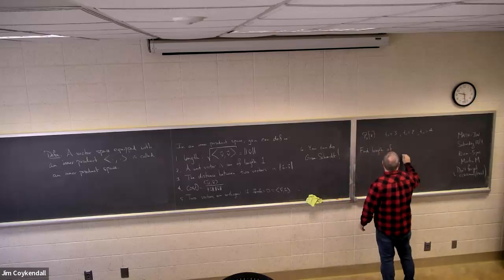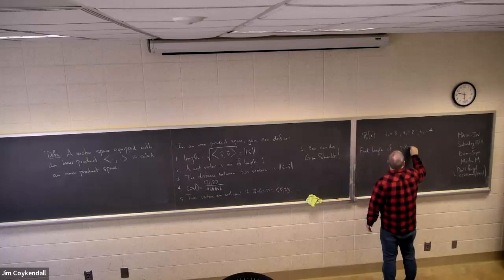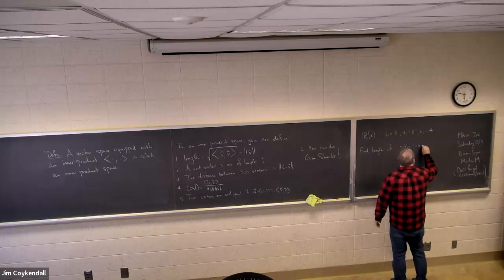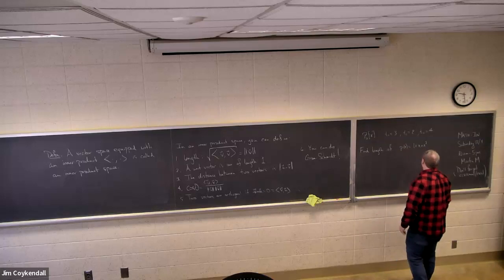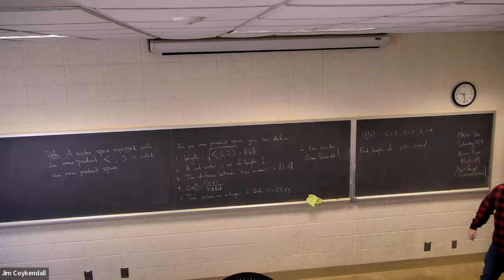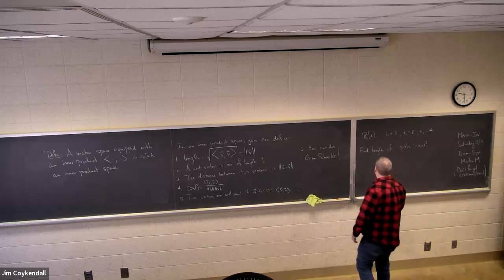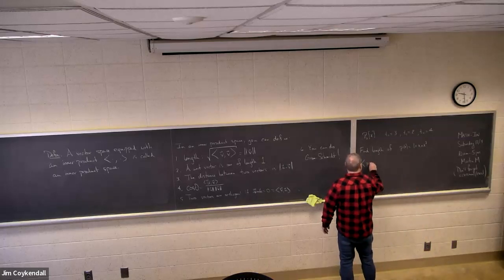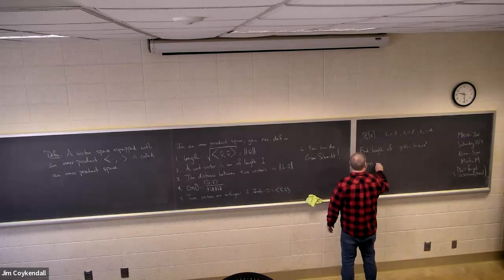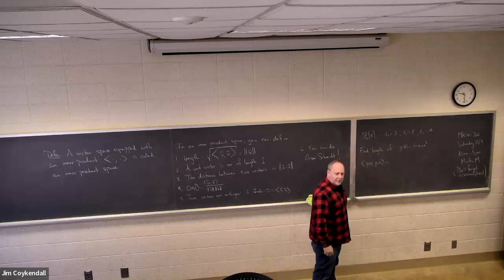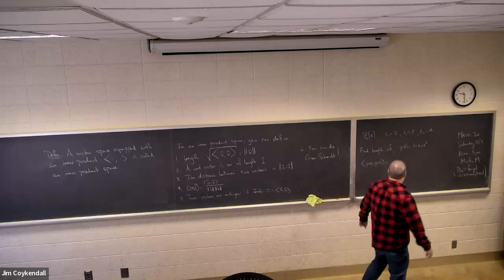Let me make up some polynomial. Let's find the length of the polynomial, right? Length with respect to the inner product. Well, let's take the inner product with itself, and that should give me the square of the length.